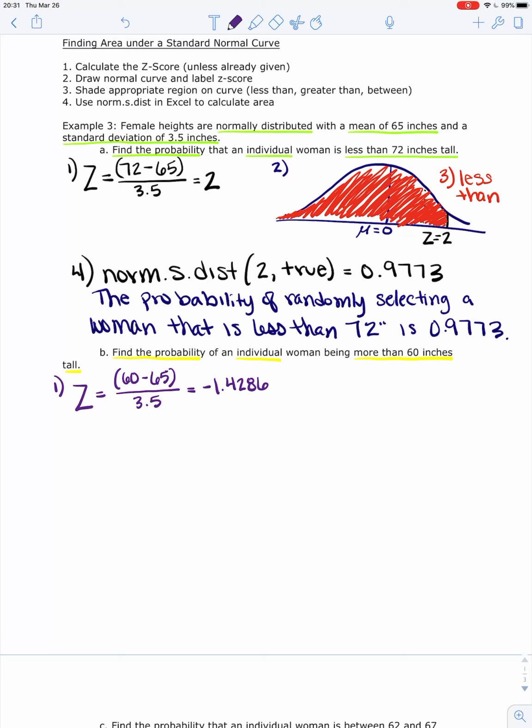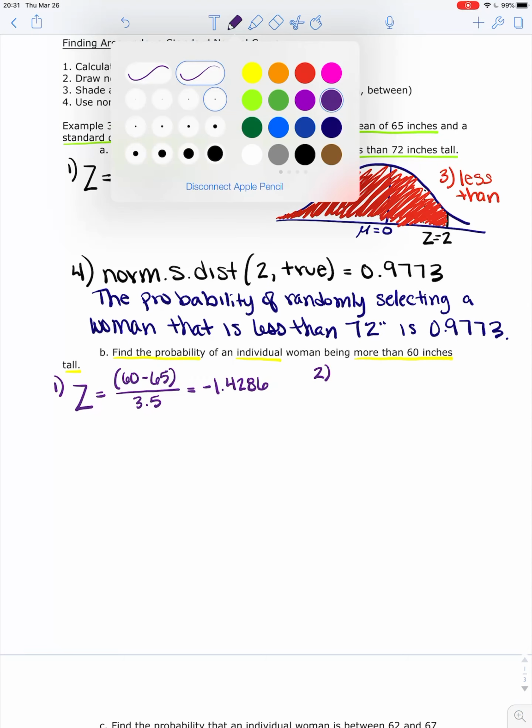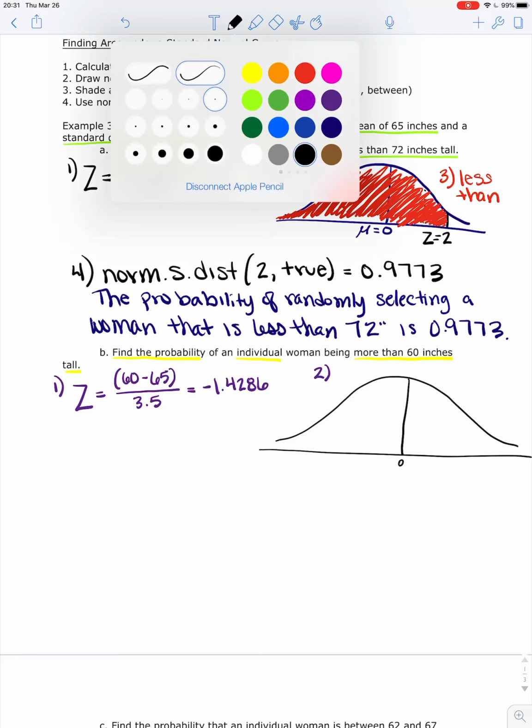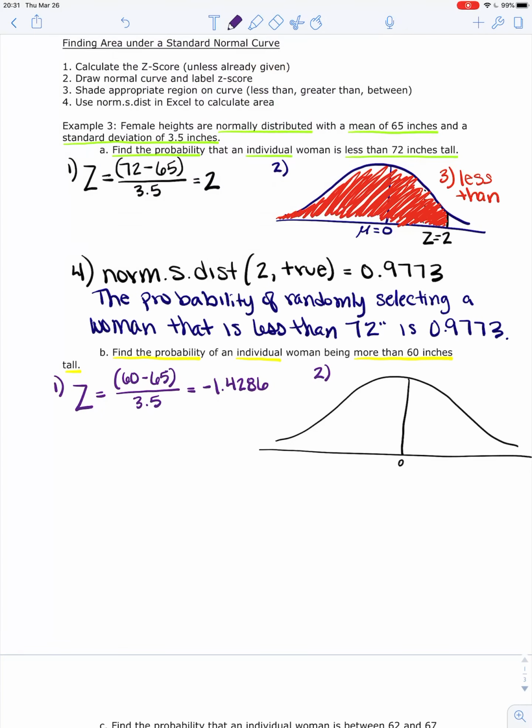Now the second thing we're going to do is draw our curve. I'm going to label the center, mostly because that gives me a good frame of reference for where to put this z-score value. The center of my curve is 0, and we're at negative 1.4286.